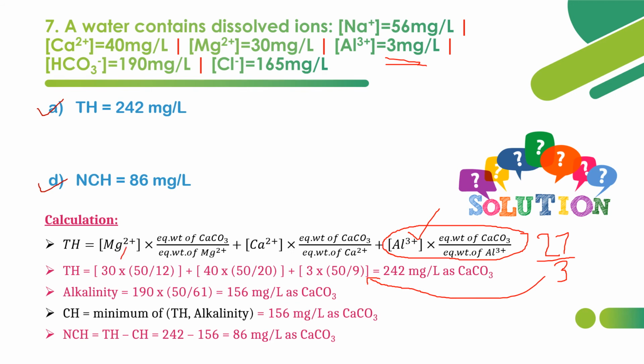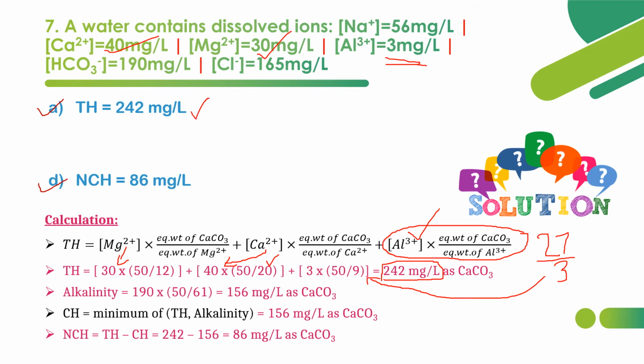So 30 into 50 by 12 plus 40 into 50 by 20, and in case of aluminum 3 into 50 by 9. On calculating this value, we get the answer as 242 milligram per liter as CaCO3. So the first option is correct.